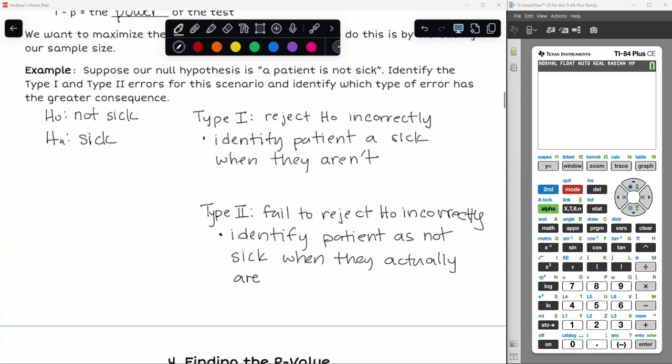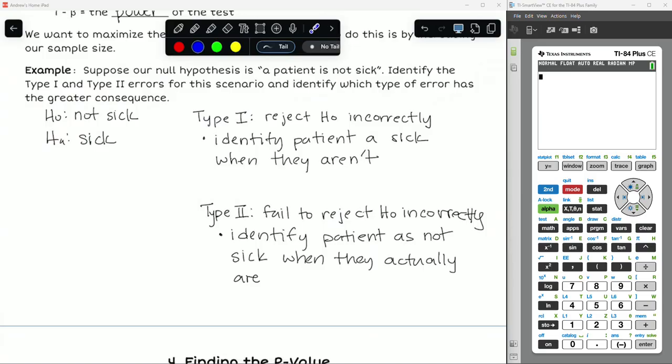We're asked in the question, identify which type of error has the greater consequence. And that's a little complicated in that we don't know what kind of sick the patient is. Are we talking common cold? Are we talking something highly contagious? RSV, COVID, Ebola? Like, what are we talking about here?